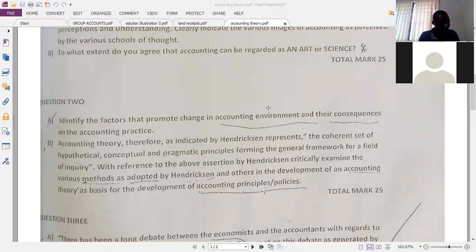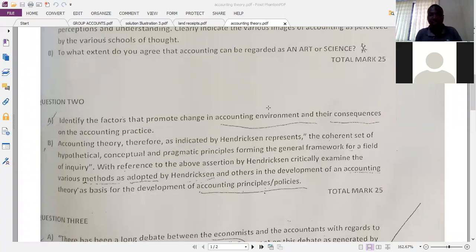Now, when you look at the agency theory, they formulate theories and principles from the basic assumption that we have what you call the agency-principal relationship.